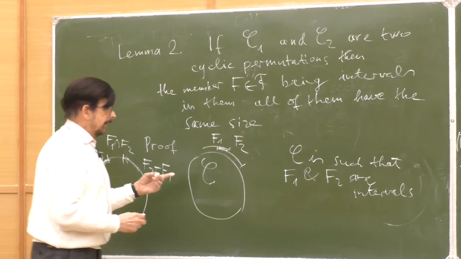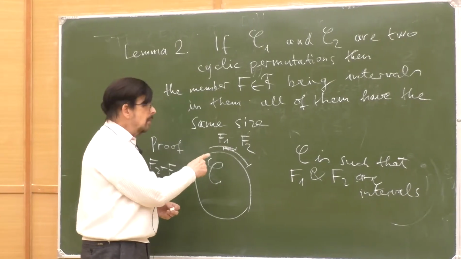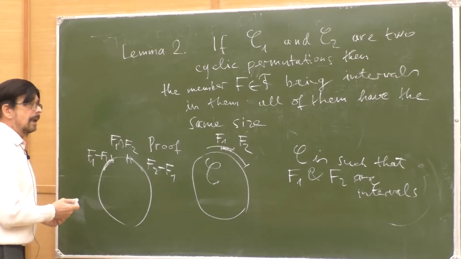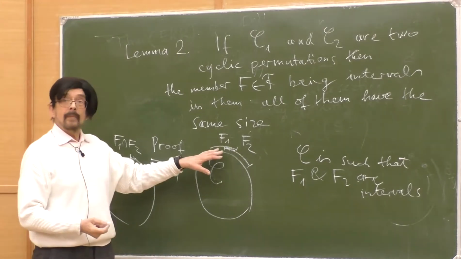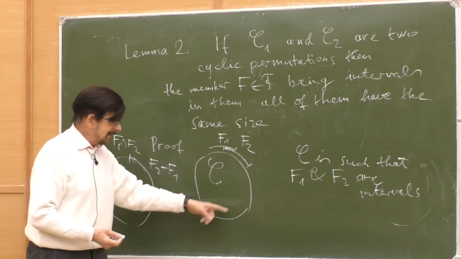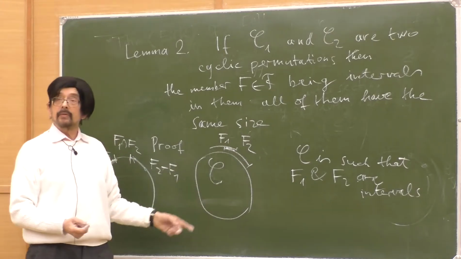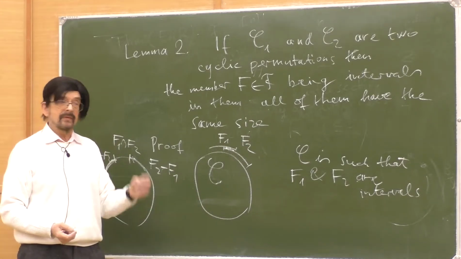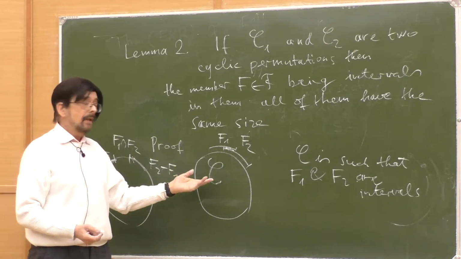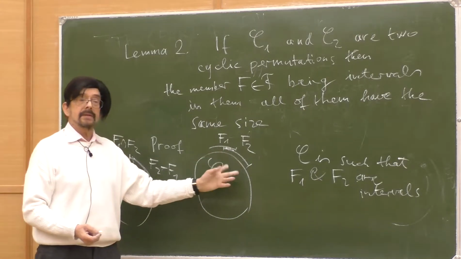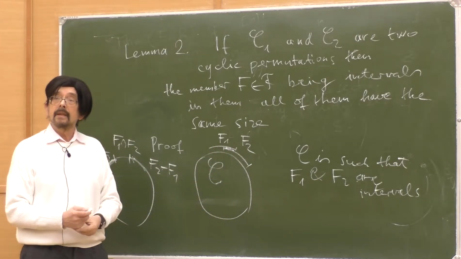And we know that the sets along this cyclic permutation, what we obtained in this way, all the intervals have the same size.